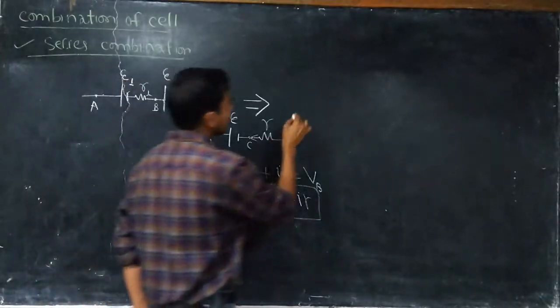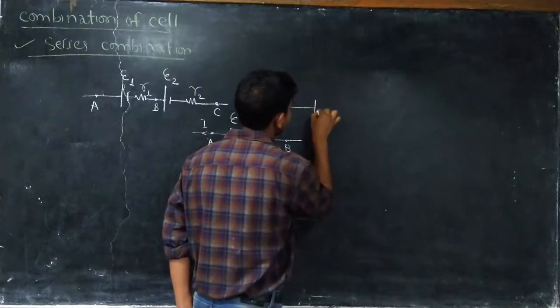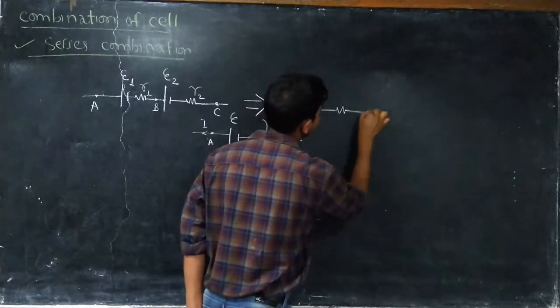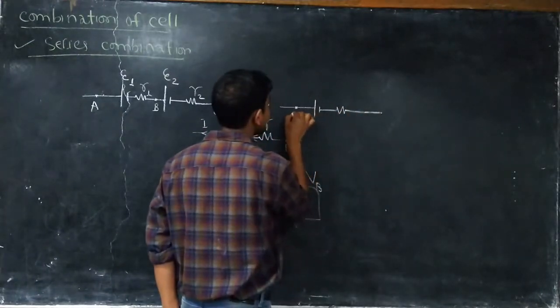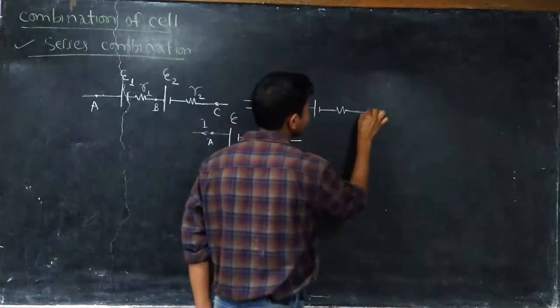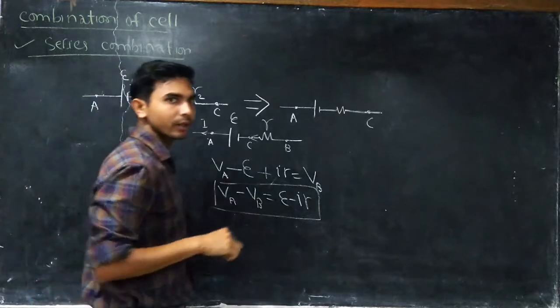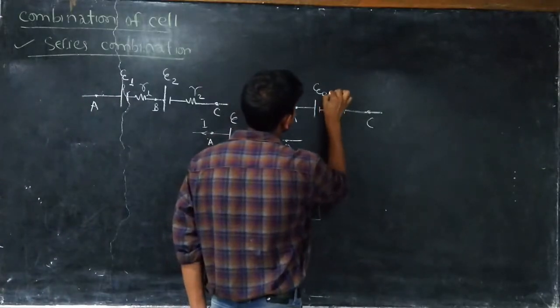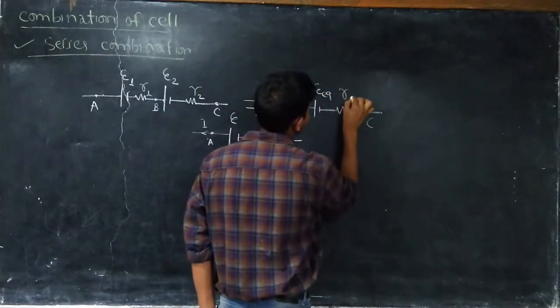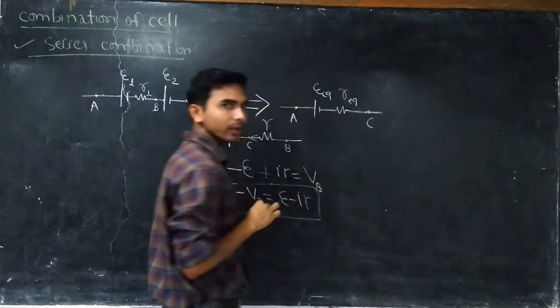Suppose this is your single cell, and this single cell is also connected across A and C, with EMF E equivalent and resistance R equivalent.